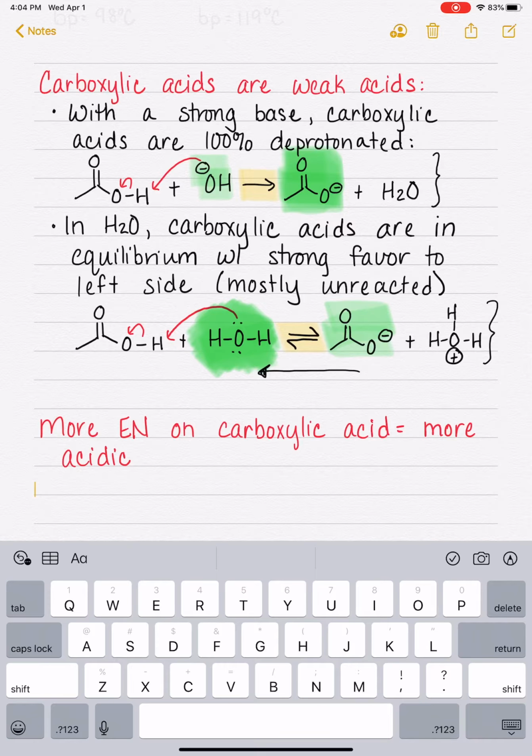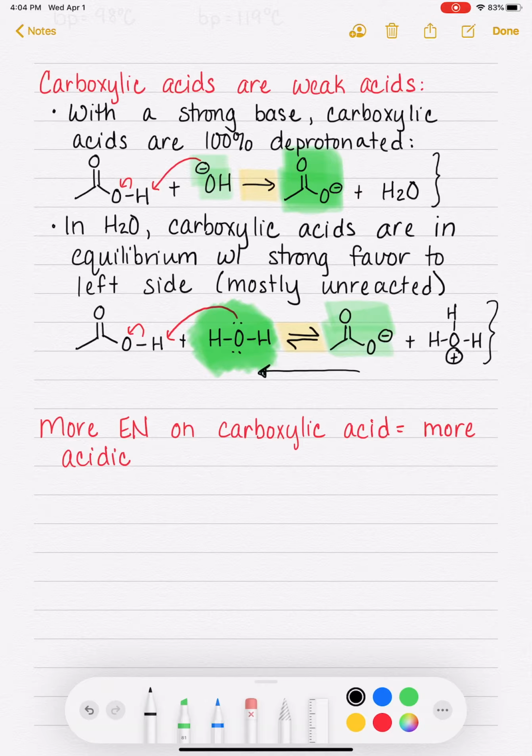So let's compare. We're going to just draw a whole bunch of 4-carbon carboxylic acids, and then we'll come back and put some halogens on them.